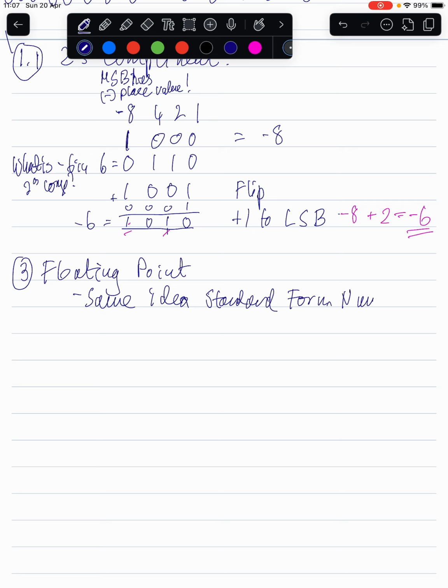numbers. So let's just remind ourselves, that would be a times 10 to the n, where a must be greater than or equal to 1 but less than 10, and n must be an integer.